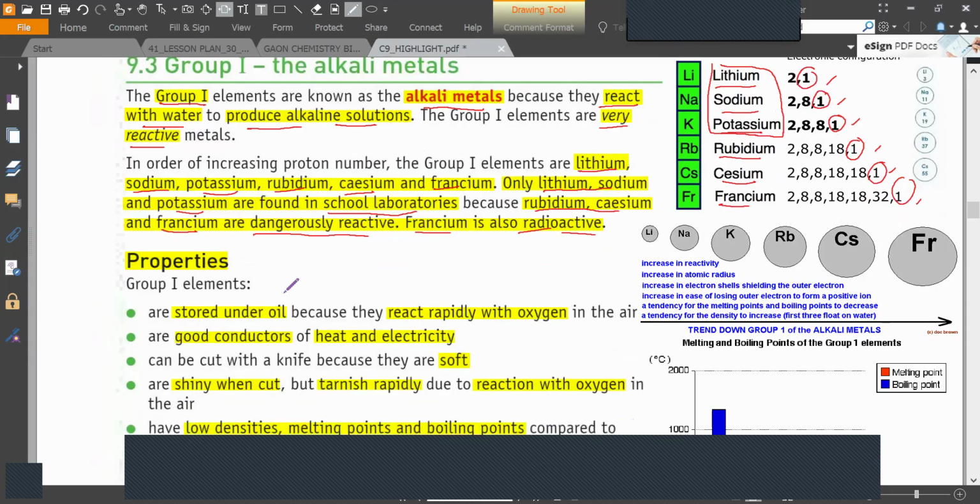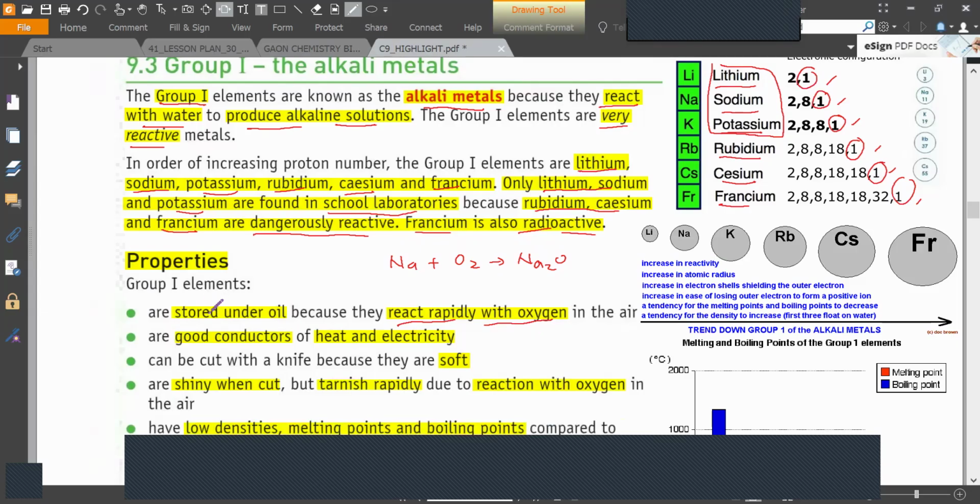They react rapidly with oxygen. They are very reactive. If you expose them to oxygen, they will straight away react, like sodium forming sodium oxide very quickly.